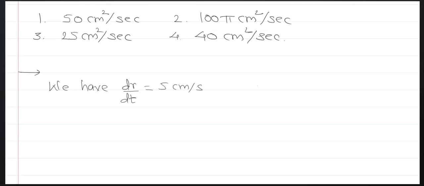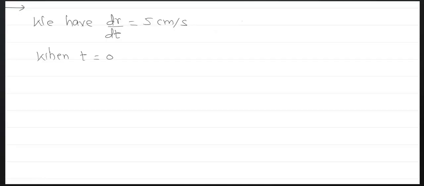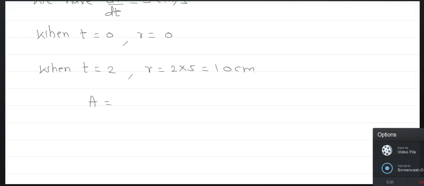Now we have dr upon dt. The radius is increasing at the rate of 5 centimeter per second. When t is equal to 0, the radius r is equal to 0. When t is equal to 2, then 5 into 2 is equal to 10 centimeter. That is, at the end of 2 seconds, the radius will be 10 centimeter.